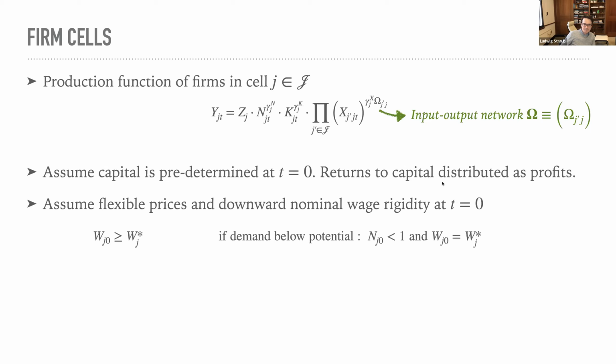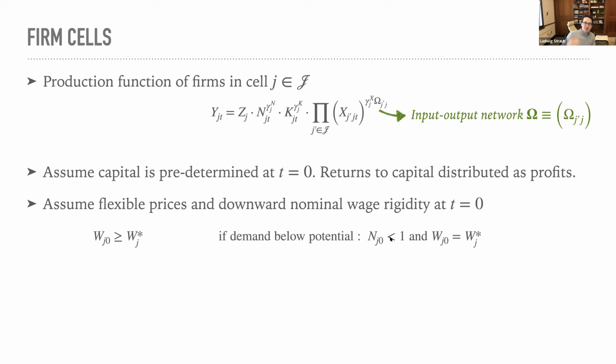Great, so I'm going to assume here flexible prices and a downward nominal wage rigidity at date 0. So we're going to assume that wages can move upward at date 0, but cannot move downward. And if there is too little demand for a sector, what will happen is that instead of wages going down, this firm cell's labor demand will go down.